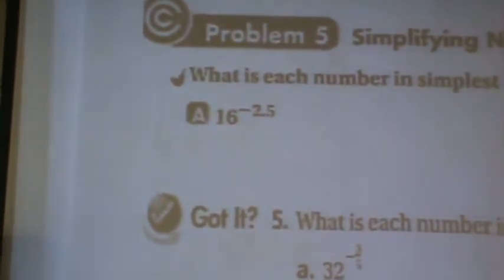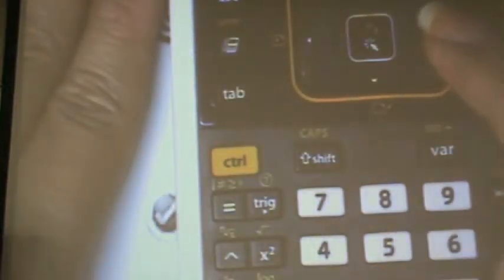What do you see in A? 16, can you read that to me? Negative 2.5. So, believe it or not, this problem, you could simply type it in your calculator. Watch, I will do it.